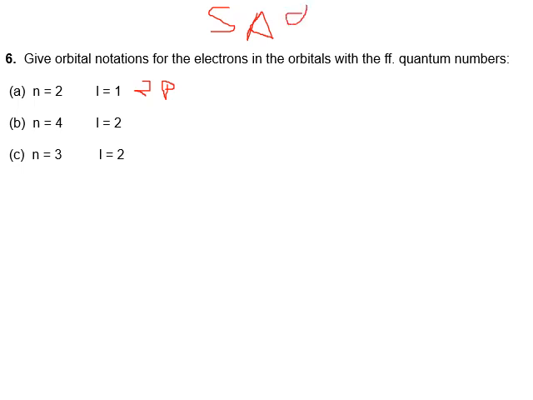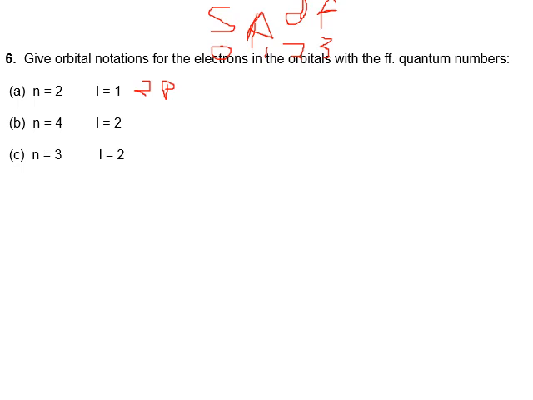That is, if you can read my writing. S, P, D, F are the 4 suborbitals that we actually have to worry about. The numbers associated with those are 0, 1, 2, and 3.